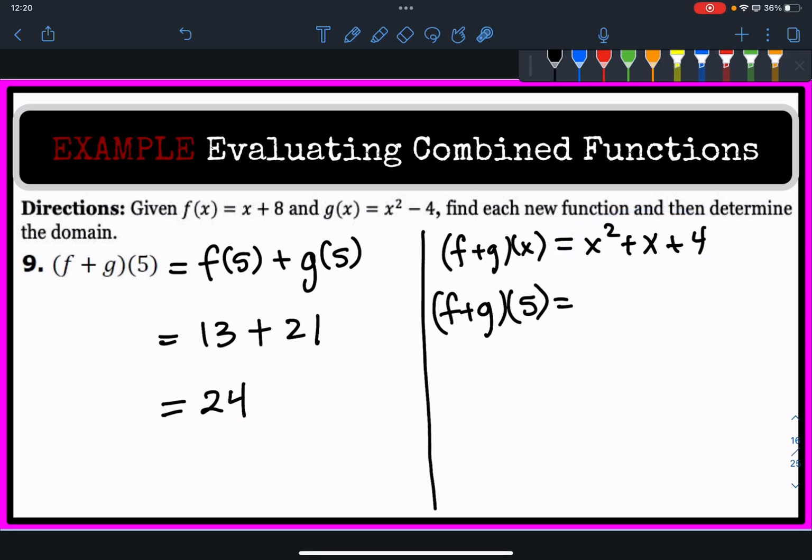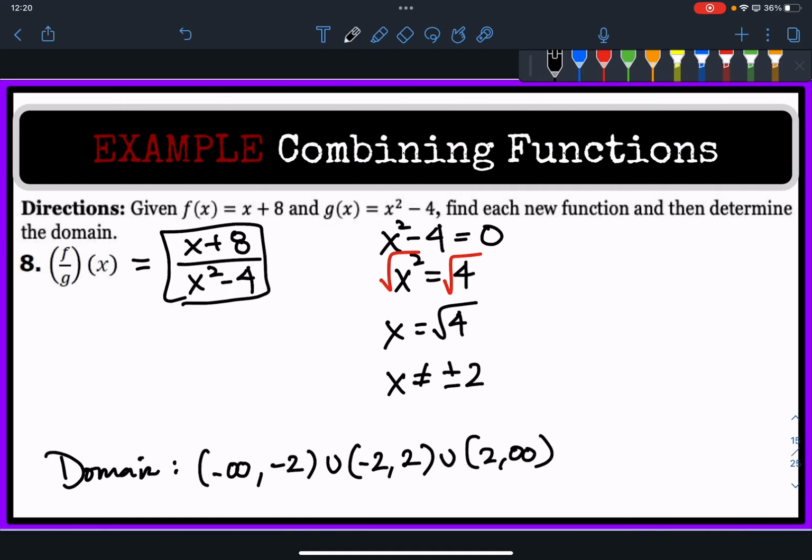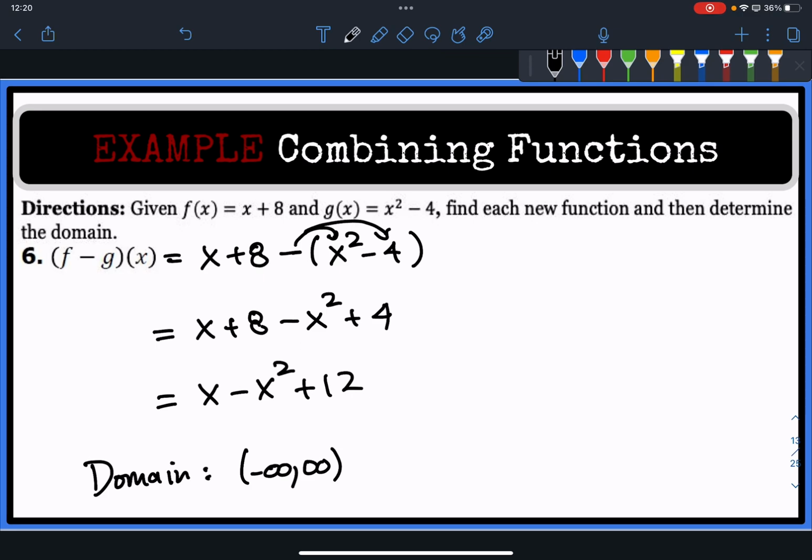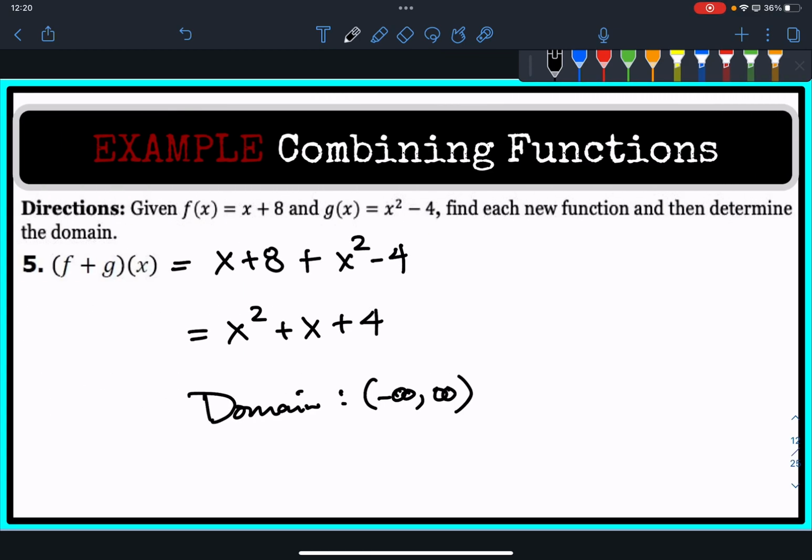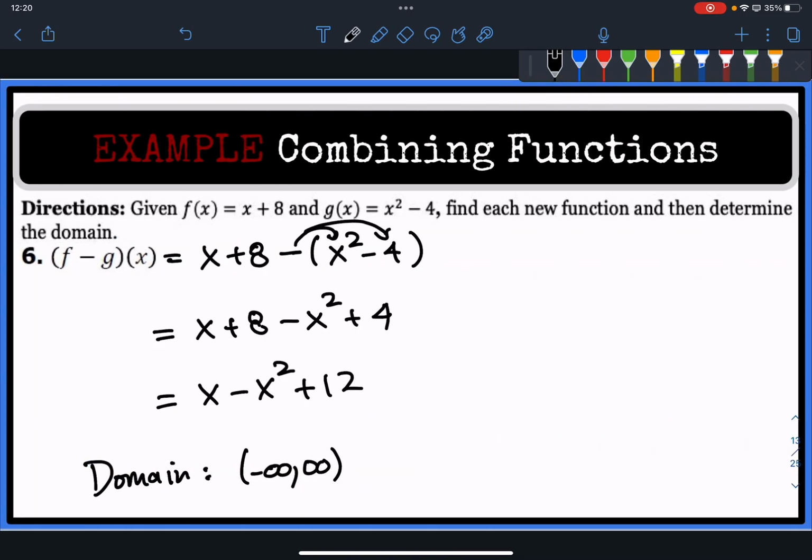So I can also do it that way. Add the two functions together and then plug in 5. Which again is 25 plus 5 plus 4. Hold on, did I write that right? I think I might have forgotten something. No, that's correct.